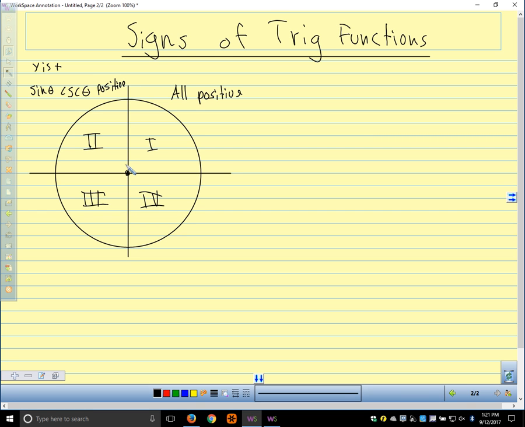And the x-coordinate is negative, so cosine theta and secant theta, tangent theta, because we're making a ratio of a negative and a positive, tangent theta and its cofunction, cotangent are negative.